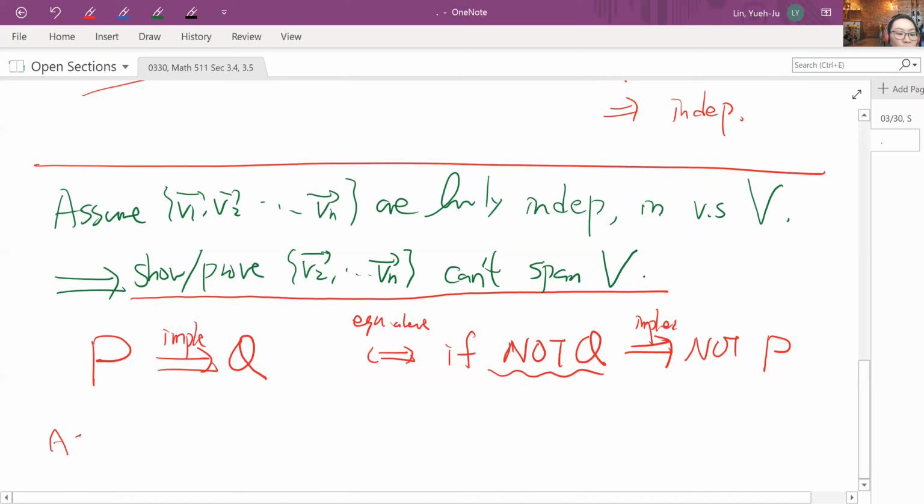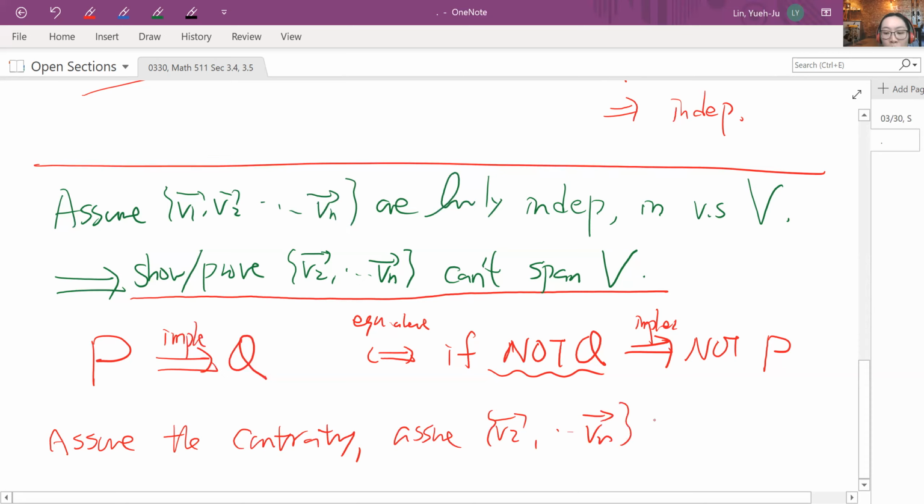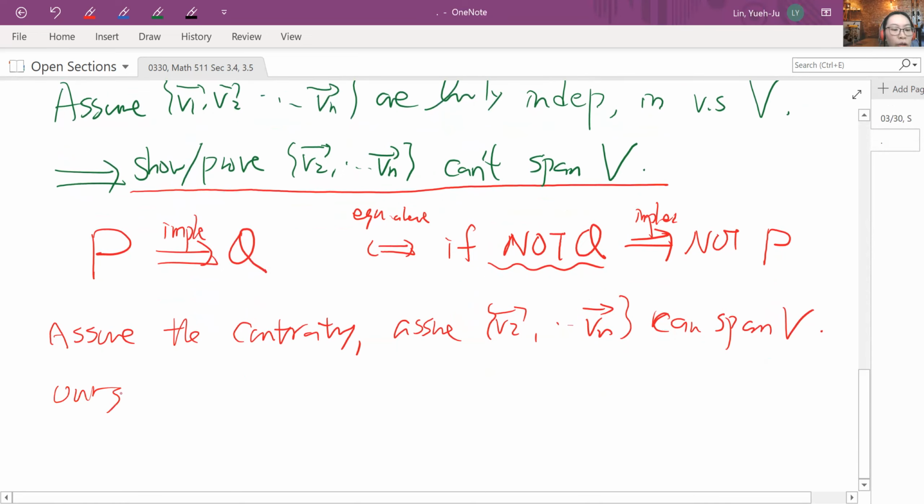So assume the contrary: assume V2 to Vn can span V, and our goal is to reach a contradiction. Then that means something is wrong.